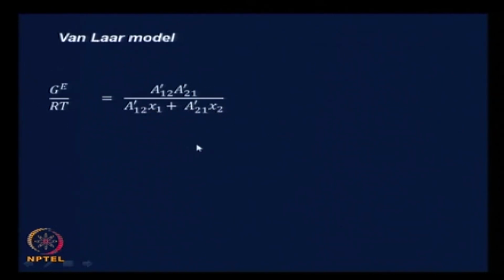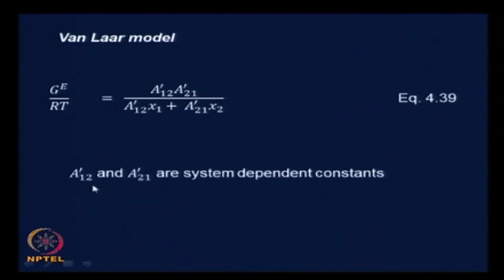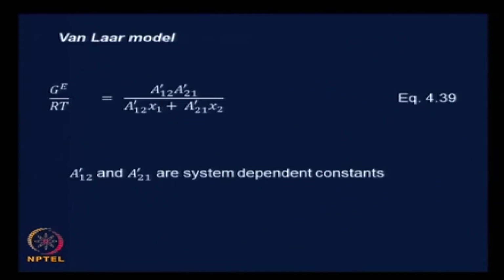This is equation 439, where A12 dash and A21 dash are system dependent constants. They are particular values for a given system, and by using the same procedure, I am not going to give you extra time in class this time. Please take this as homework, maybe it will come back as one of the exercise problems too.